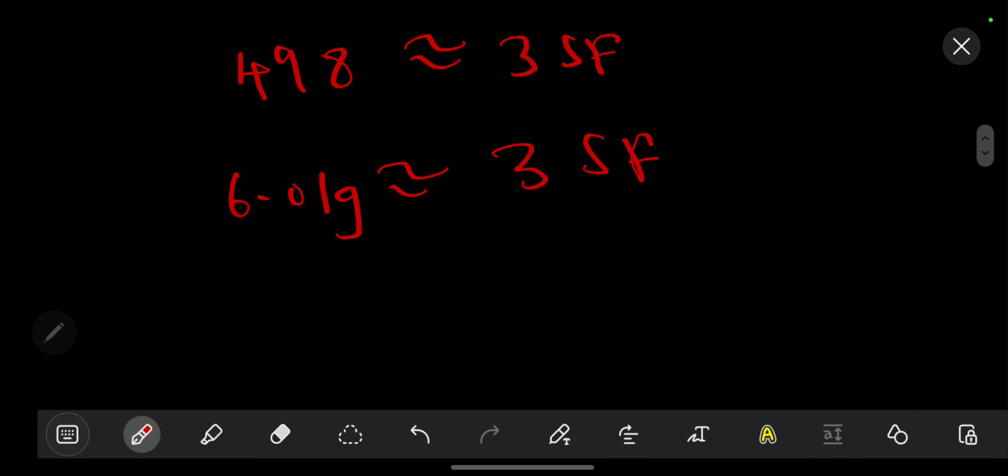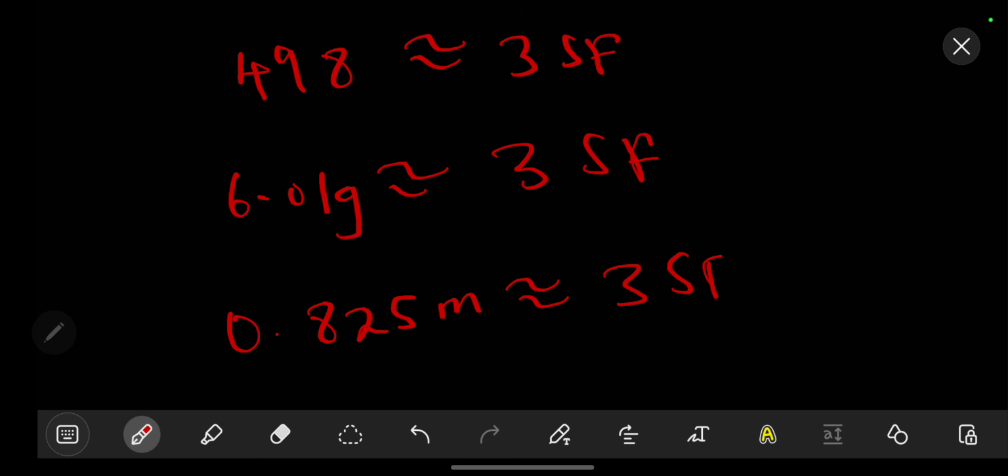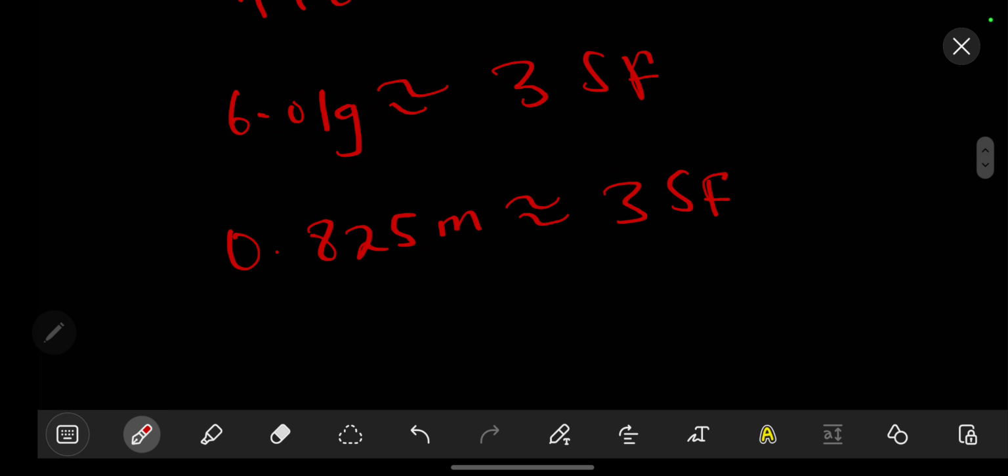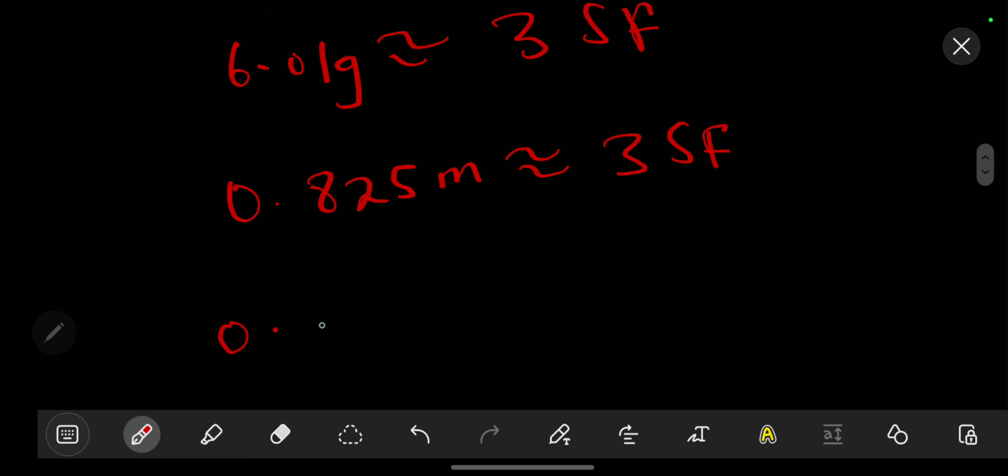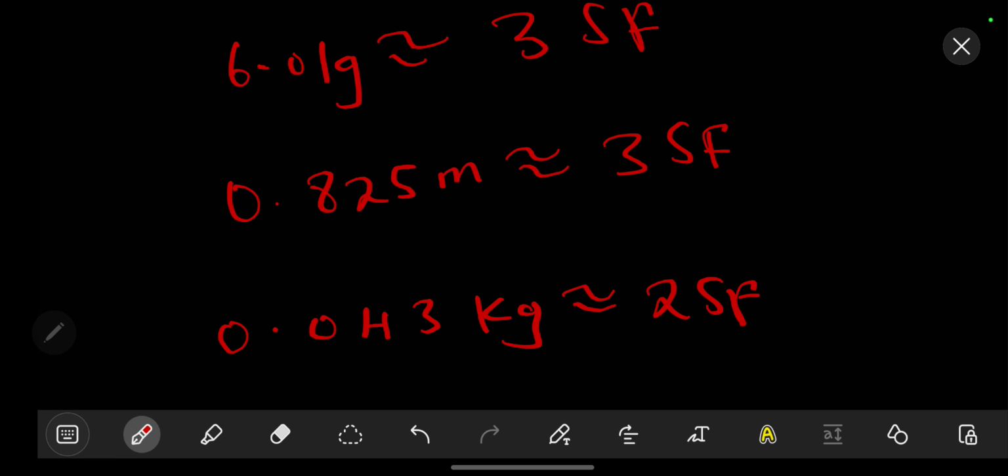Then when we look at 0.825, this one has got 3 significant figures like that. Then finally, let's also look at 0.043 kg. For the number of significant figures, we don't count the zeros, so it will be 2 significant figures like that.